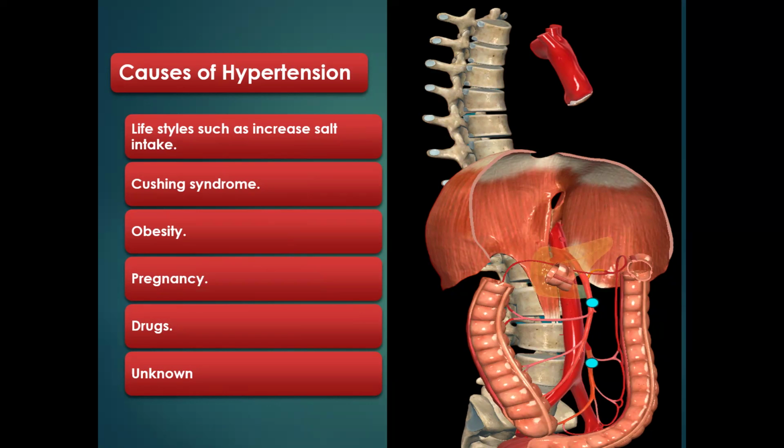Though after pregnancy, that type of hypertension disappears in the mother. So that's why I say this type of secondary hypertension has a cause, which we attribute to increase in salt intake, Cushing syndrome, obesity, pregnancy, and some drugs. Then sometimes the cause is unknown.